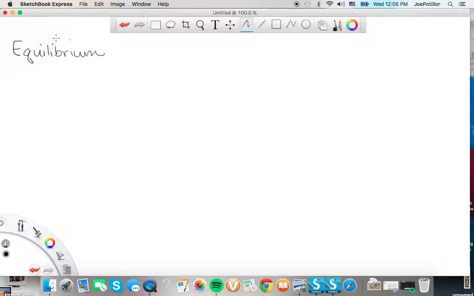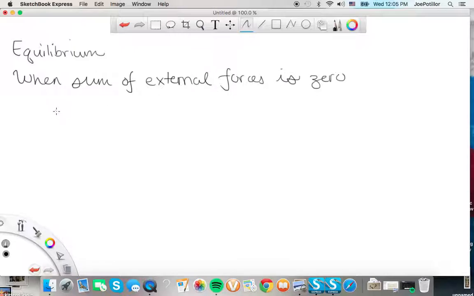Okay. Equilibrium, recall that when I speak of equilibrium, we mean when the sum of external forces is 0. Or in mathematical notation, we say sum of forces externally is equal to 0, like this.